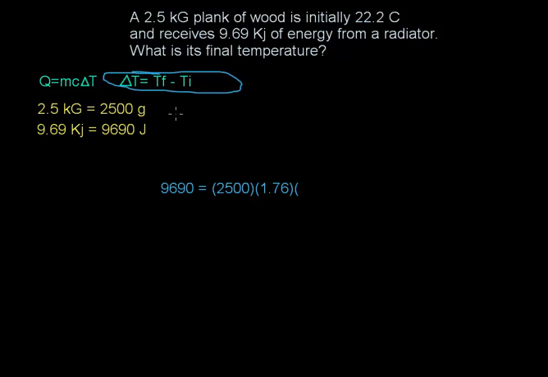Since we're solving for this variable right over here, we're just going to put this in brackets and isolate Tf as X. It's going to be X for Tf minus the initial temperature, which is 22.2. So we're just going to close that. And this is going to be our equation, and we're going to solve for X. 2,500 times 1.76 is 4,400, and then we still have to multiply by X minus 22.2.